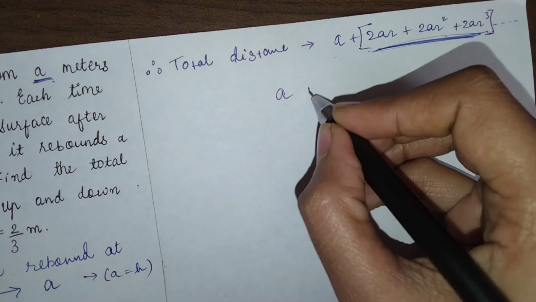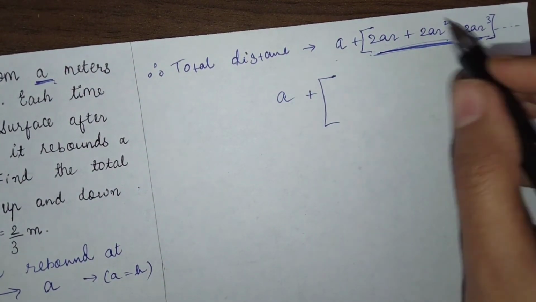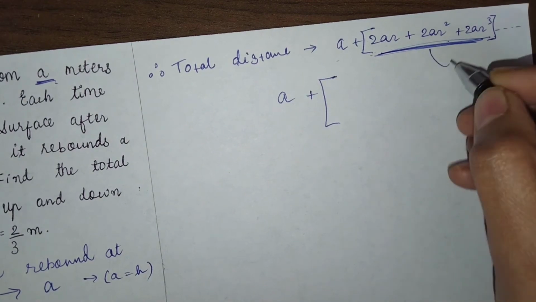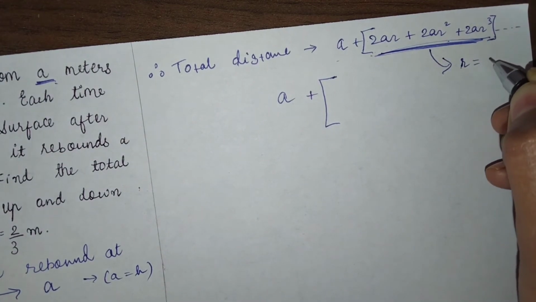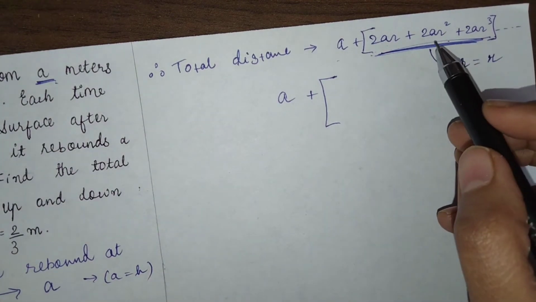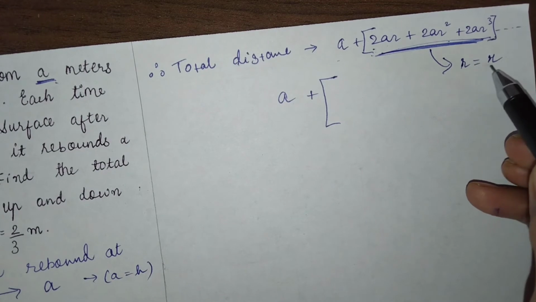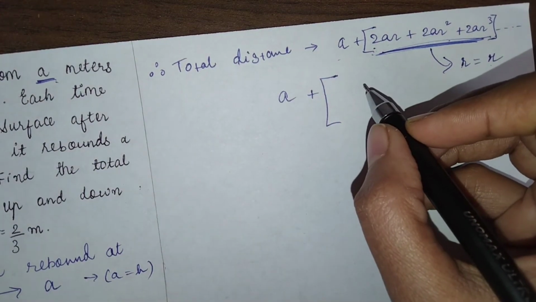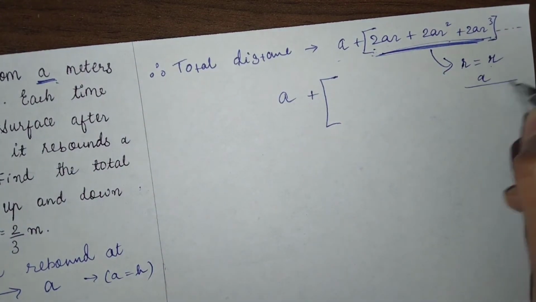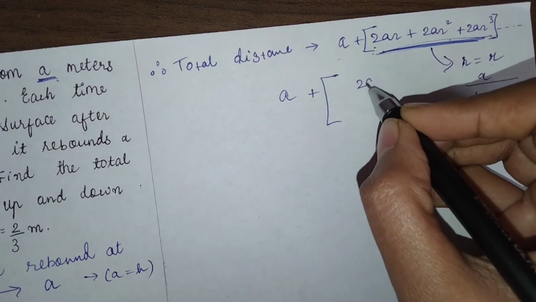So we can write it as a plus, if this is the geometric series, then from here we will get common ratio equal to r. Our common ratio will be r, because whenever you divide these terms, you will get r. So our common ratio is r only. So we will get first term upon 1 minus r. If we apply that formula, then what is our first term? It is 2ar.